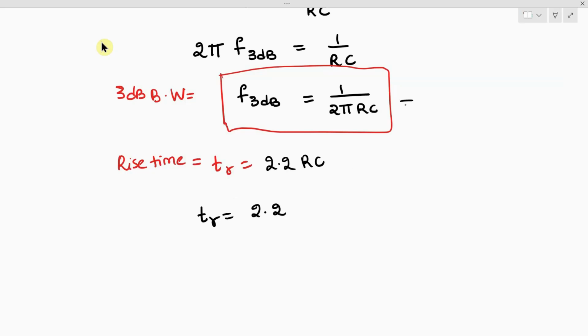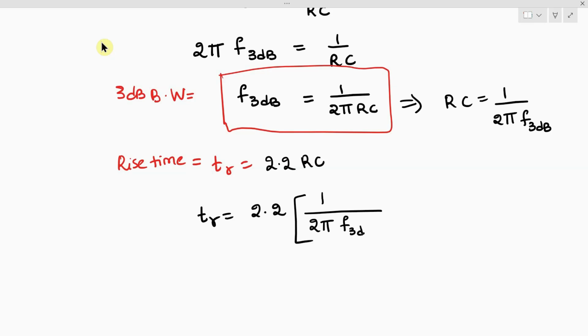From this you can write RC is TR by 2.2, and this RC we will replace with 1 by 2 pi f. Please tell me what is this 2.2 by 2 pi? 2.2 divided by 2 pi.